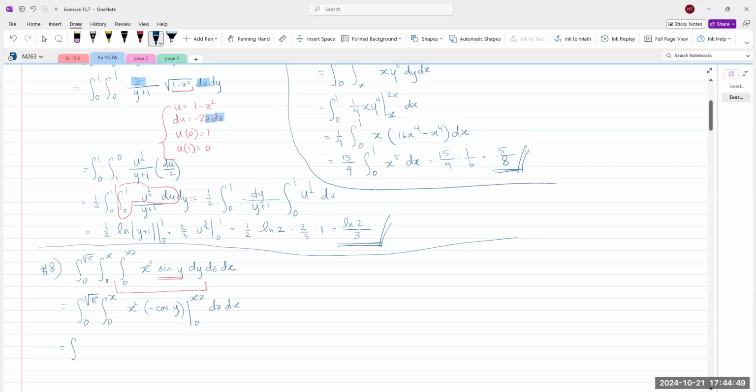That's integral from 0 to square root of pi, integral from 0 to x, x squared times 1 minus cosine xz, dz dx.